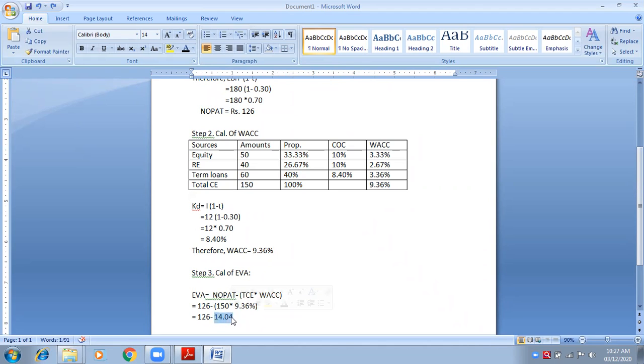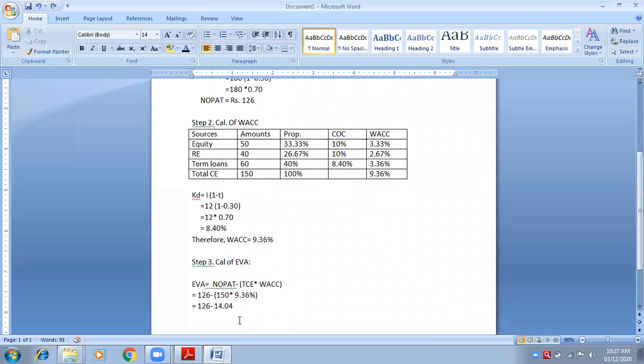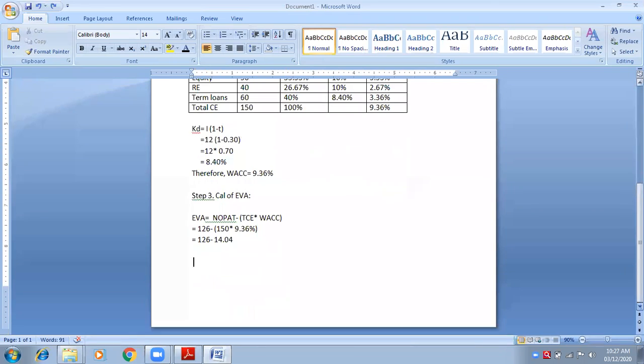gives an amount of 14.04 rupees. Look at the logic. How much did we earn from the company? How much is my profit? 126. It is 1 crore 26 lakhs, because the figures are in lakhs. How much did we spend for our capital holders? 14.04.